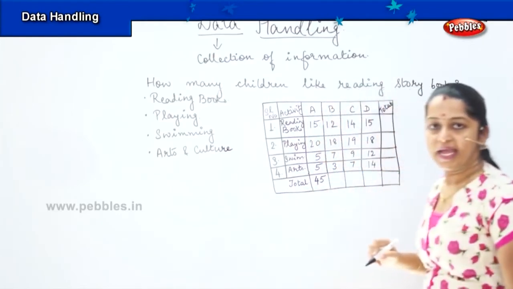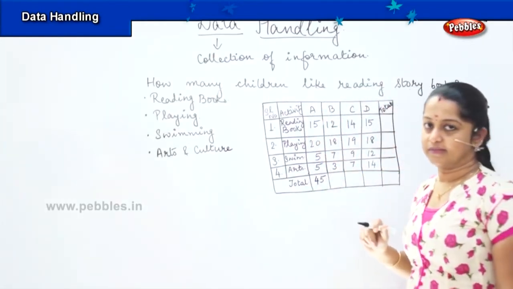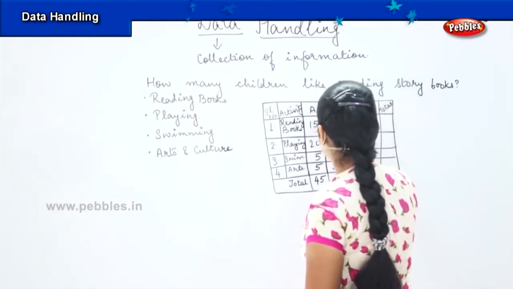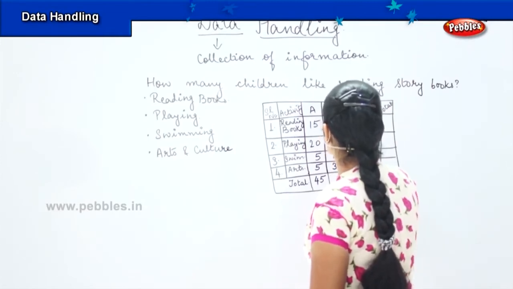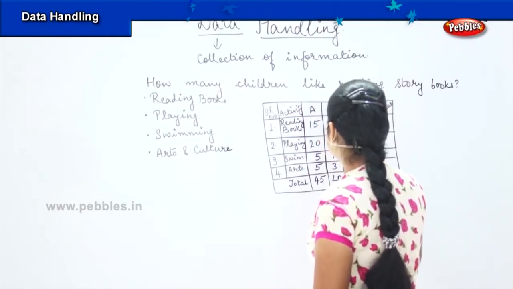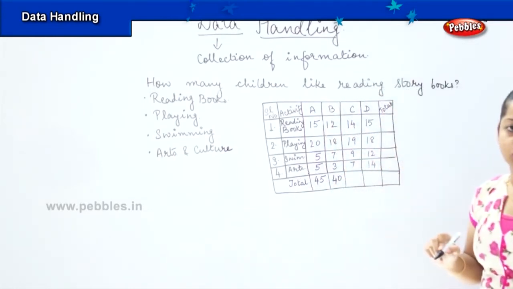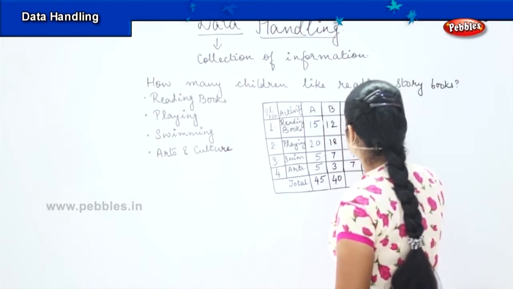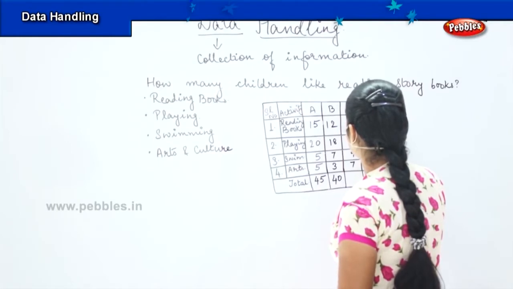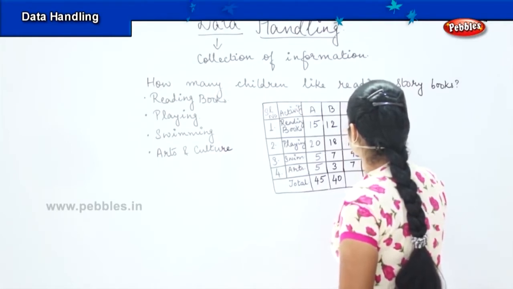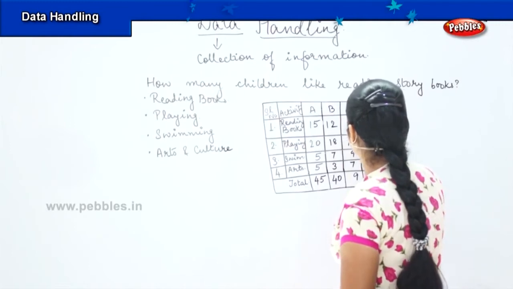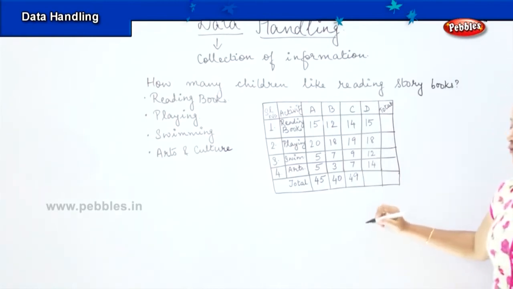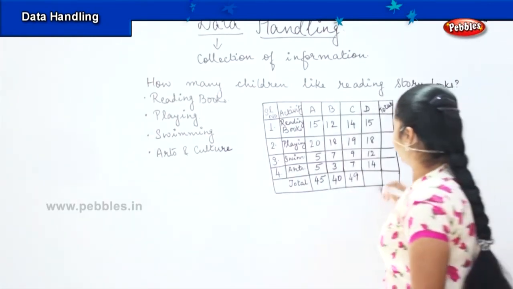In section A, we have a total of 45 children. Let's see how many are there in section B. In section B, I have got 40 children. Let's see section C. In section C, I have got 49 children.